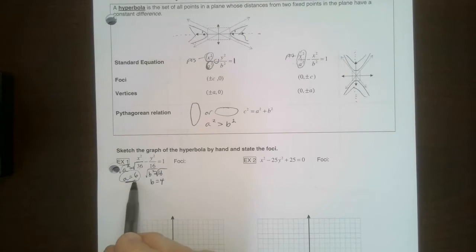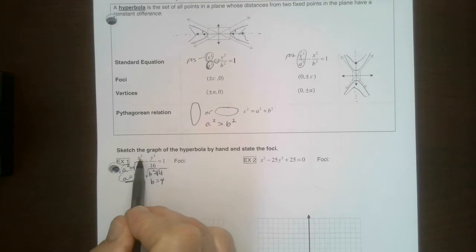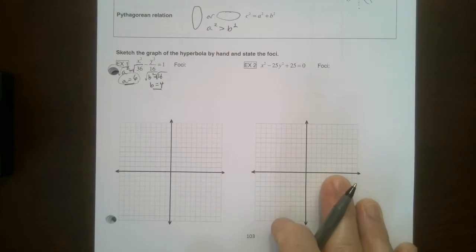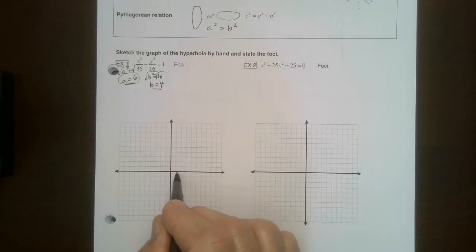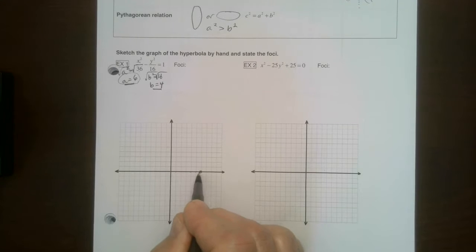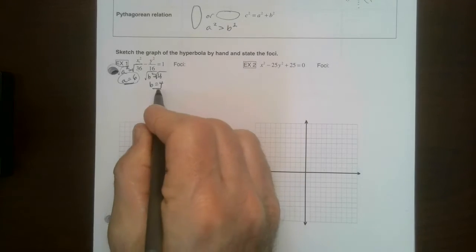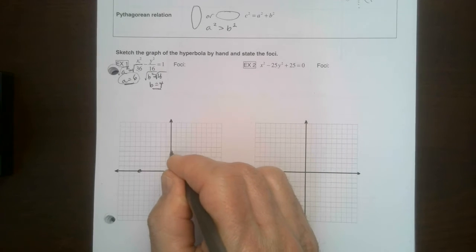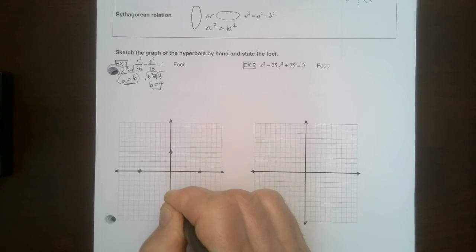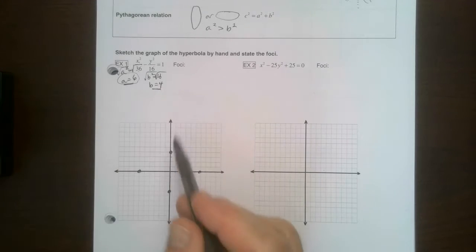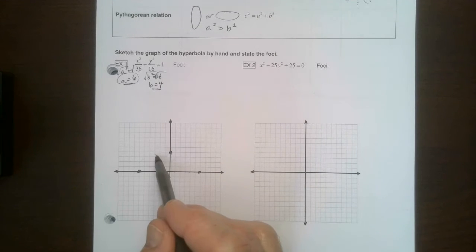Now watch this. That means I travel 6 units along the x-axis, 4 units along the y-axis. So let's get the drawing going here. 1, 2, 3, 4, 5, 6. 1, 2, 3, 4, 5, 6. Then we go up the y-axis, 1, 2, 3, 4. 1, 2, 3, 4. And if this was an ellipse, that'd be a plus, and then I would just go like this, and I'd be done with drawing the ellipse.